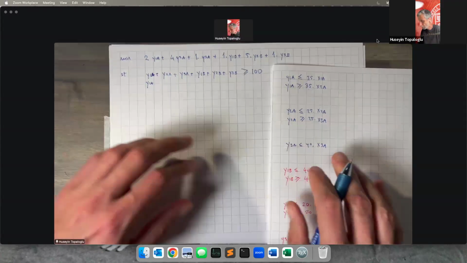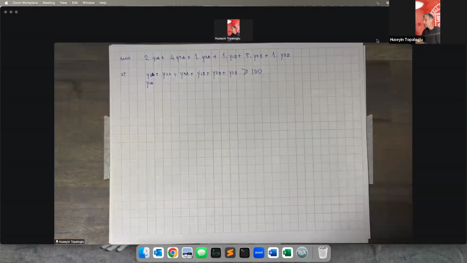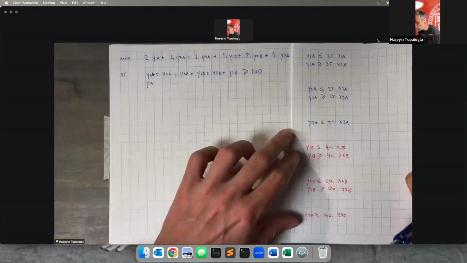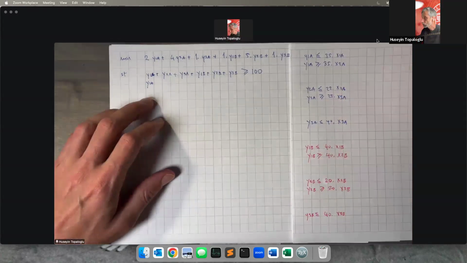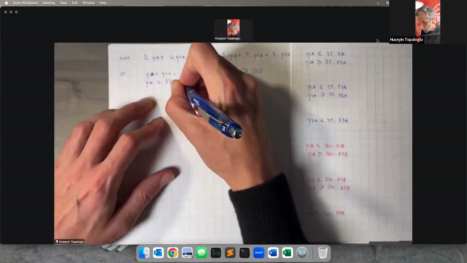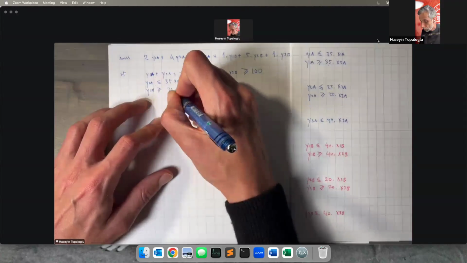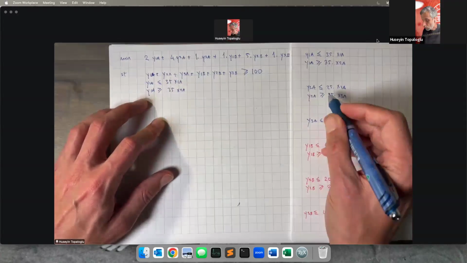Y1a is less than or equal to 35 x1a. Y1a is greater than or equal to 35 x2a.